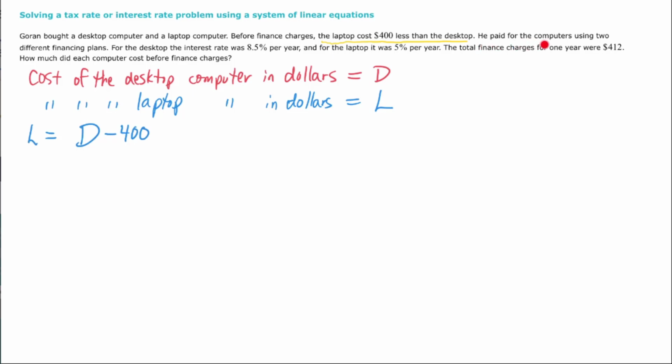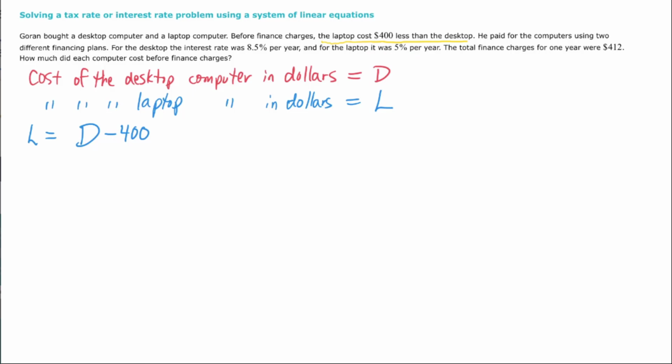He paid for the computers using two different financial plans. The desktop interest rate was 8.5%, and the laptop was 5% per year. So the next equation is going to represent a money equation.